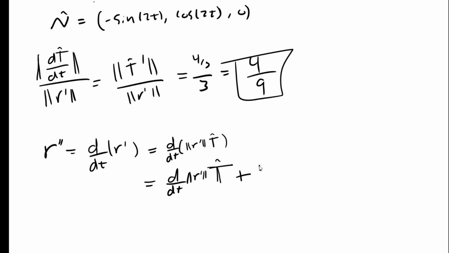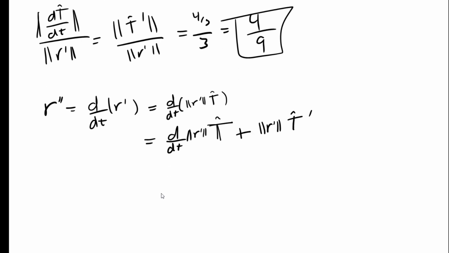So this plus the norm of r prime times the derivative of T, which is just T hat prime. Let me just leave it like this, because that's going to end up being 0.